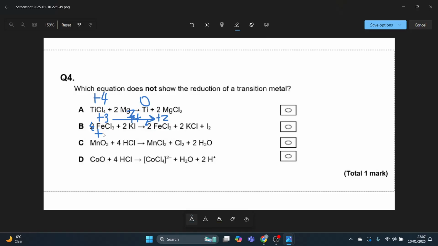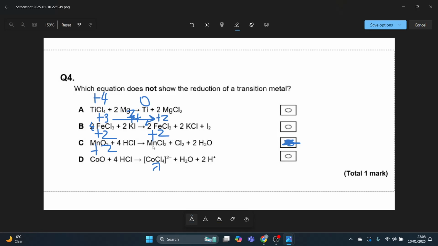MnO2 to Mn2+, from +4 to +2, perfect. For the last one, the oxidation state has not changed, it's not decreased. And if you look at the carbon, that is +2 here and then -4 in the product, so that would also not show the reduction of a transition metal.